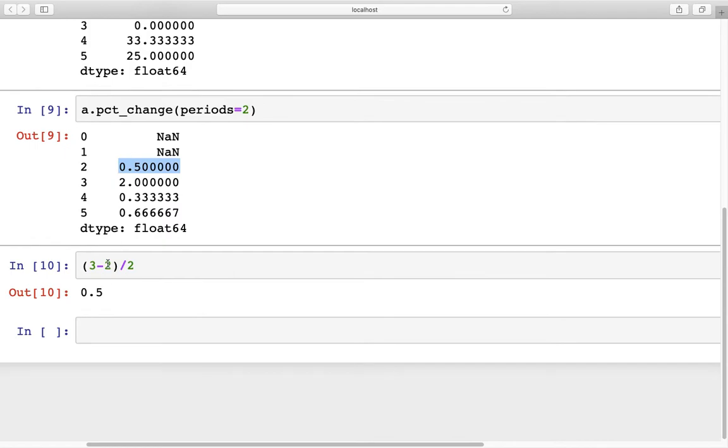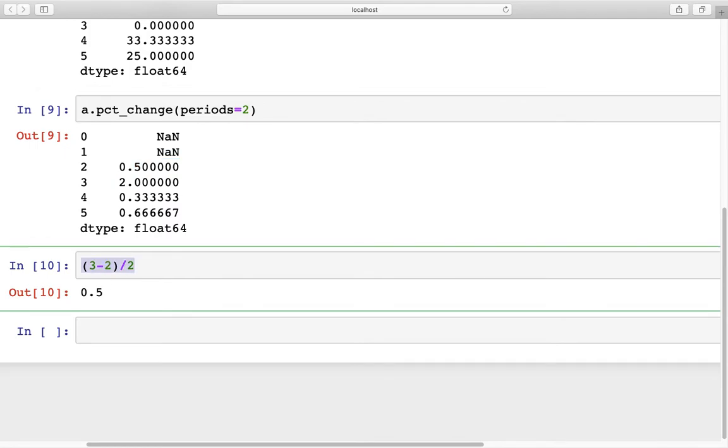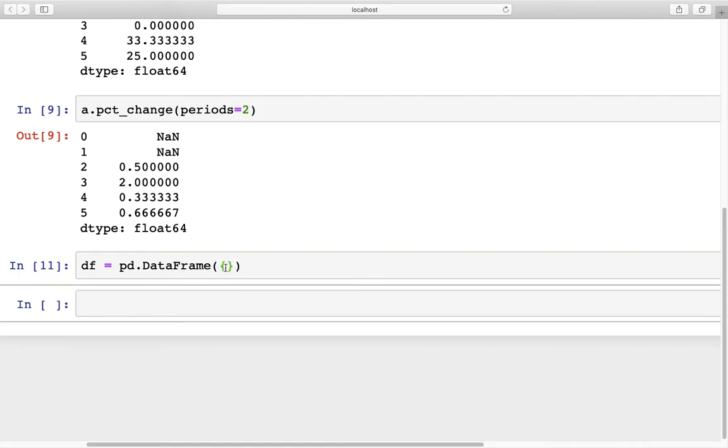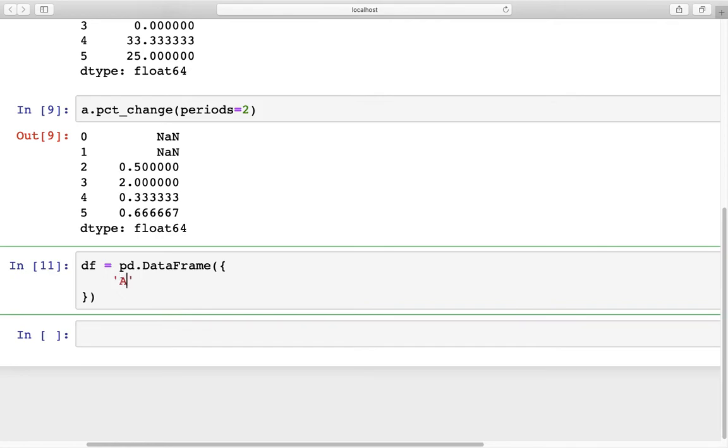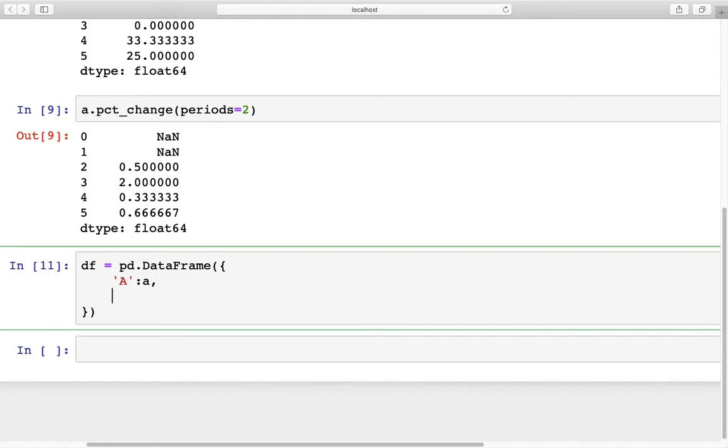Similar to series, we can also calculate the percentage changes for a data frame. So let's go ahead and create a data frame df. So pd.DataFrame, and here we'll create a couple of columns. For column A, we'll put the same series a, and then for column B, we can go ahead and create the column A squared.